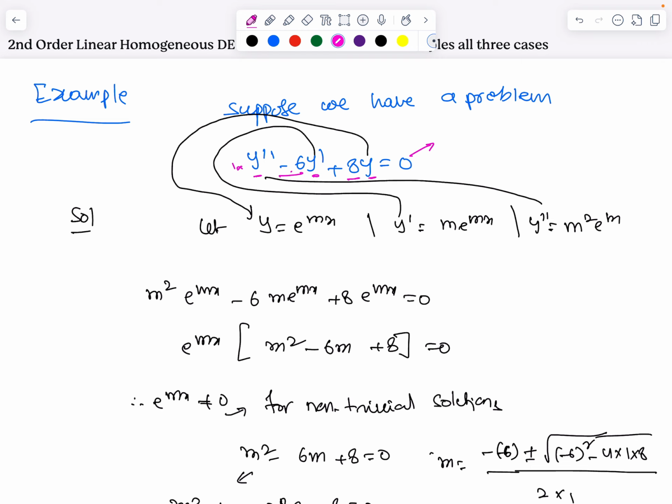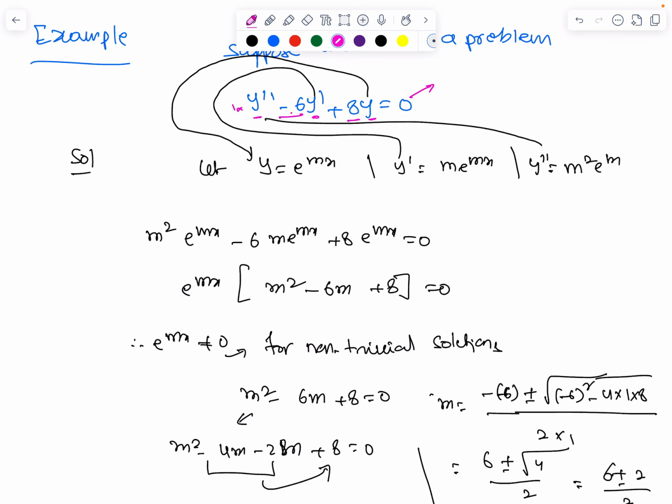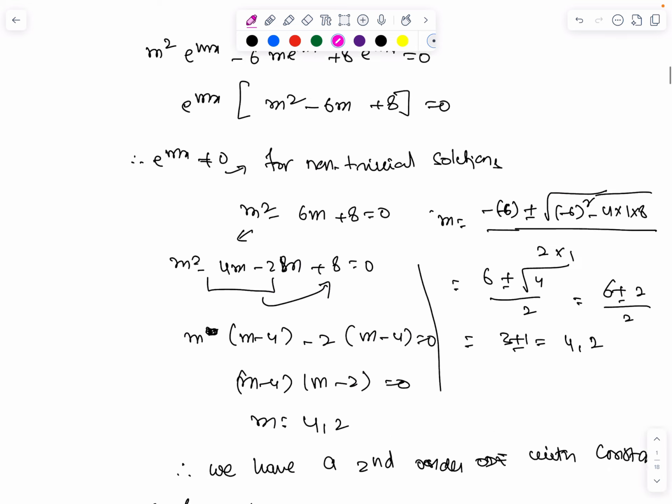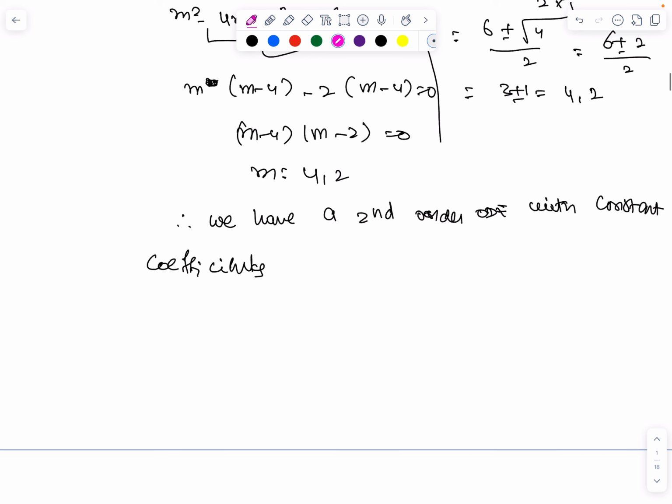Therefore, you call this equation a homogeneous equation. Every term you take, y is there. Other than y, there is no term except 0. Therefore, we call it a homogeneous equation.